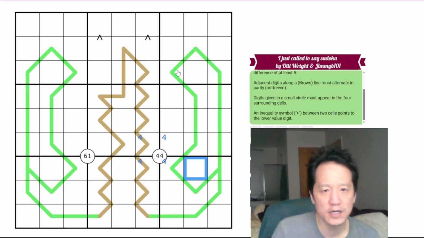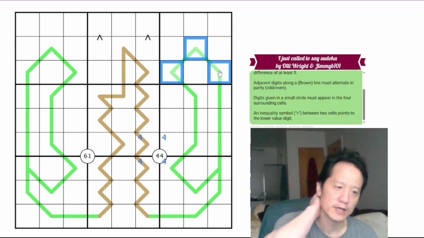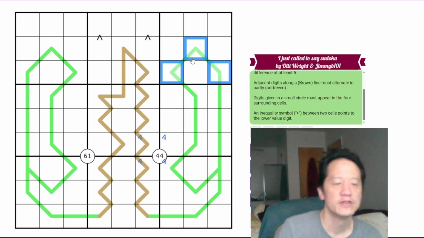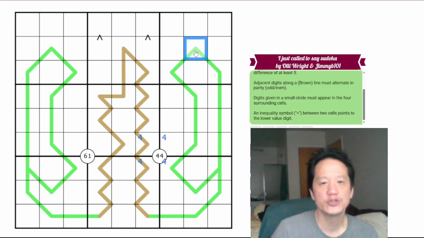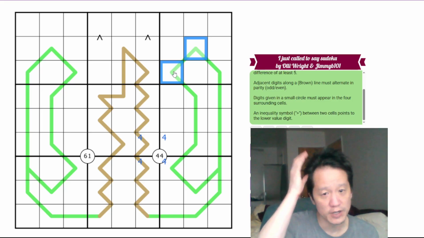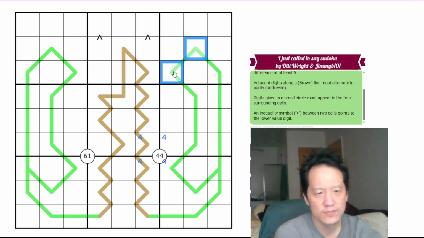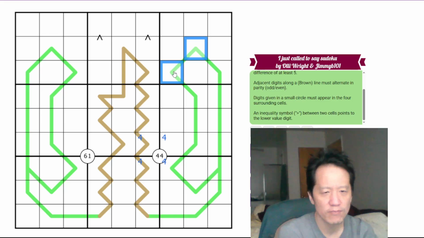Let's start coloring parities. What I like doing on German whisper lines is coloring the low and the high digits, because on a German whisper line, first of all, you won't have a 5. Oh, maybe we should do that. No, I don't think that's enough.